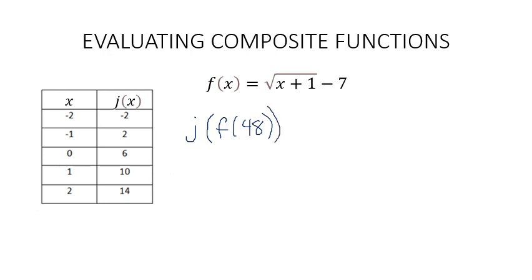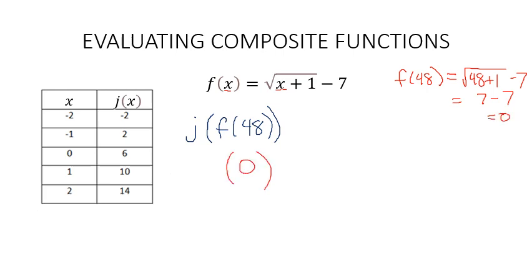What is f of 48? I'm going to take x and replace it with 48: the square root of 48 plus 1, minus 7. 48 plus 1 is 49. The square root of 49 is 7. 7 minus 7 is equal to 0, so f of 48 is 0.